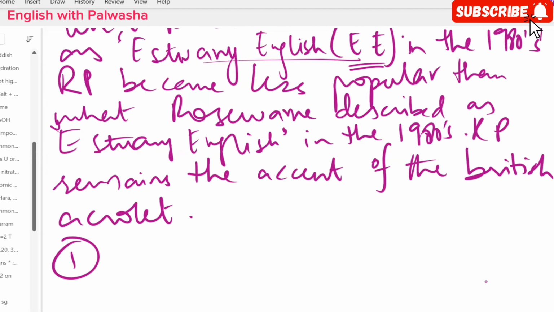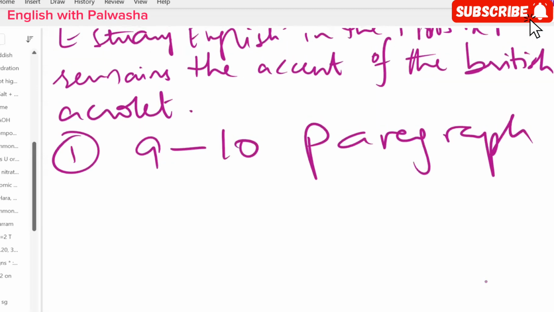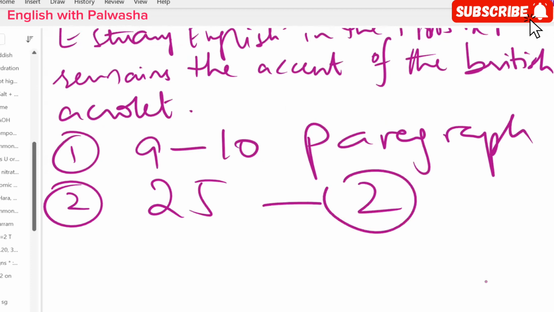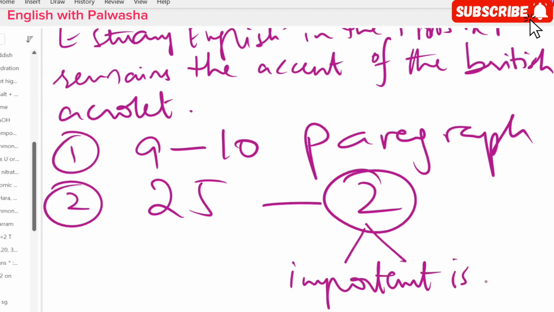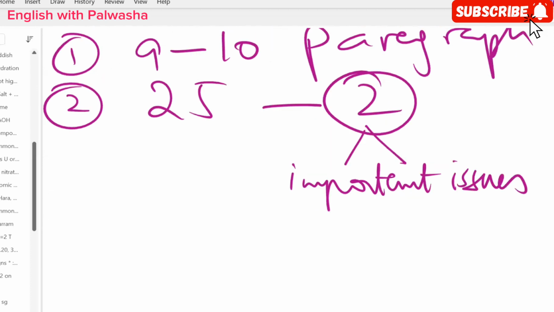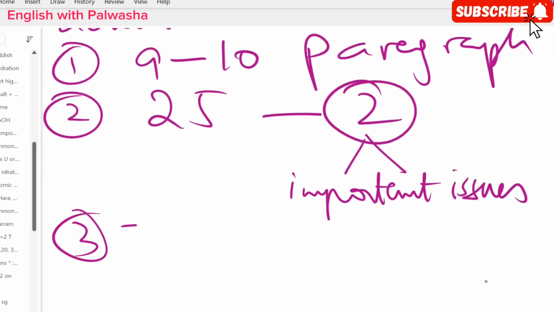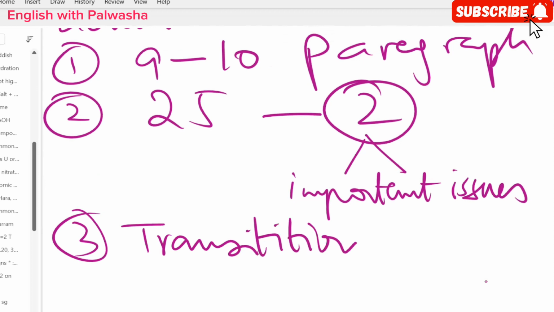Second thing, each question carries 25 marks. So we have two questions, and in both the questions you have to talk about the important issues. Nothing difficult. Then, third thing, you have to use the transition words continuously.